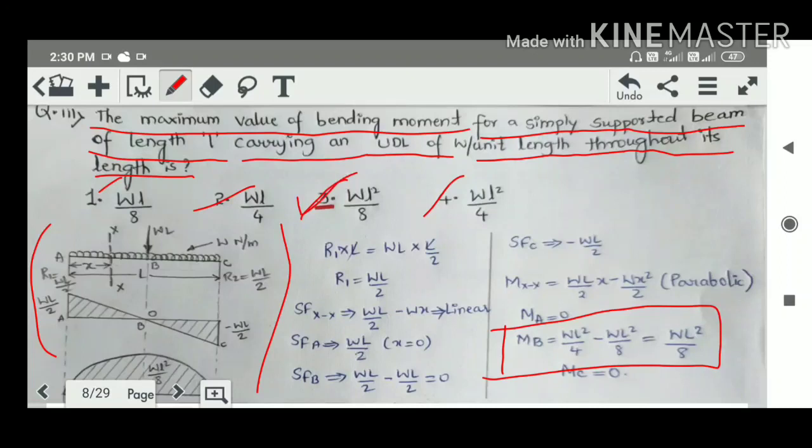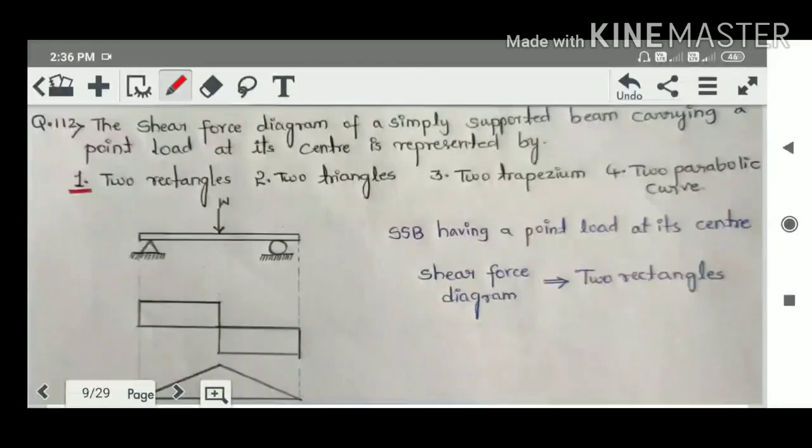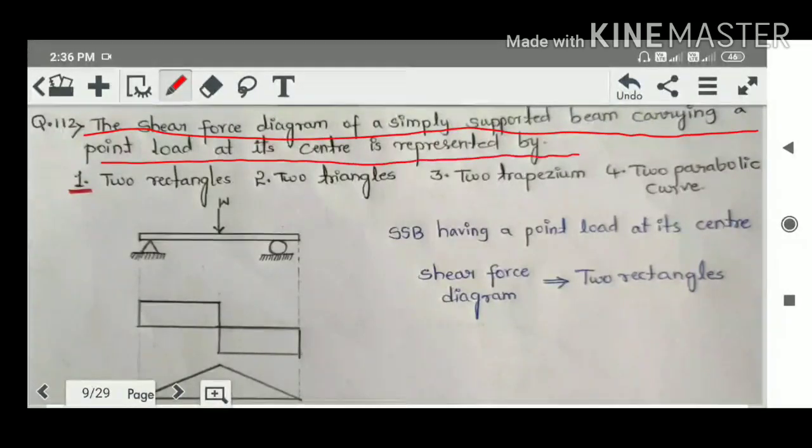Okay, let's move on to question number 112. The shear force diagram of a simply supported beam carrying a point load at its center is represented by, and the options are 2 rectangles, 2 triangles, 2 trapezium, 2 parabolic curves.